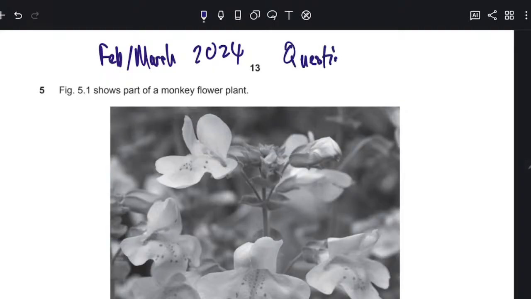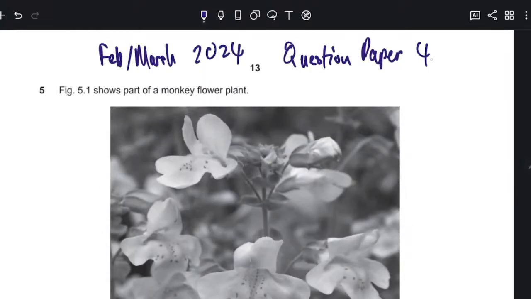This is question paper 42. Question 5. Are we together?